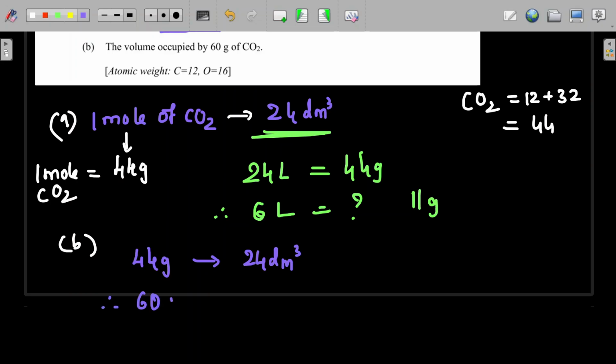Therefore, 60 gram occupies how much? This is one way. Or you can find the moles. 60 gram means how many moles? But this will be better here because they have already given for 60 gram. So what do you do? 24 into 60 divided by 44. Okay. So do this calculation. Tell me how much value you are getting here.